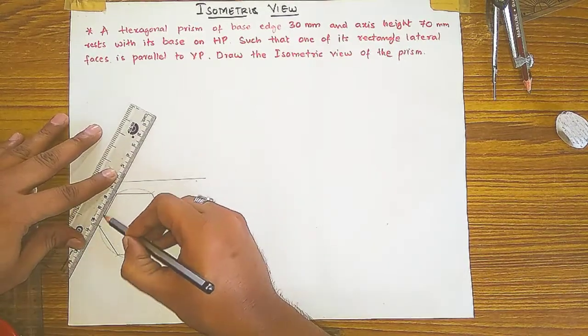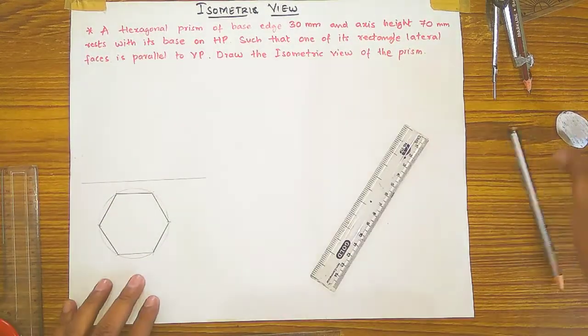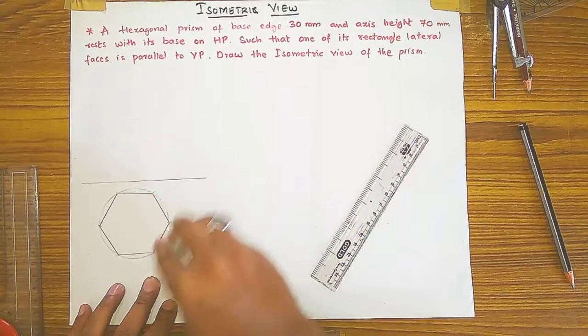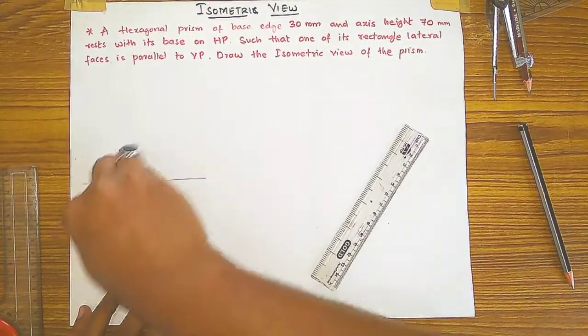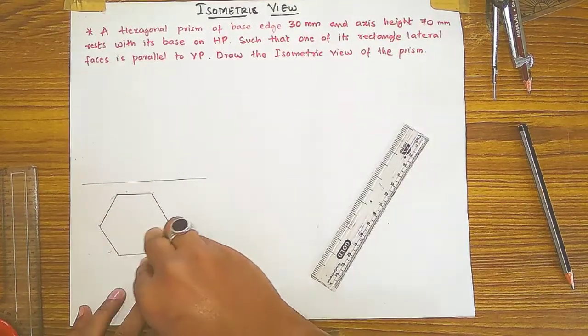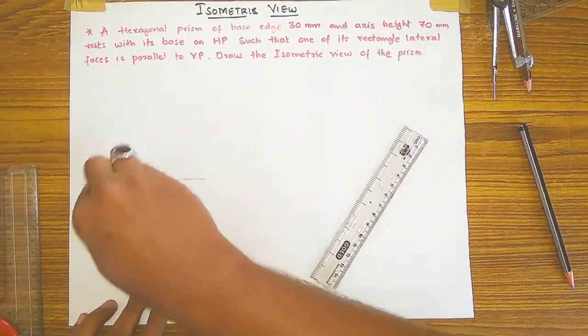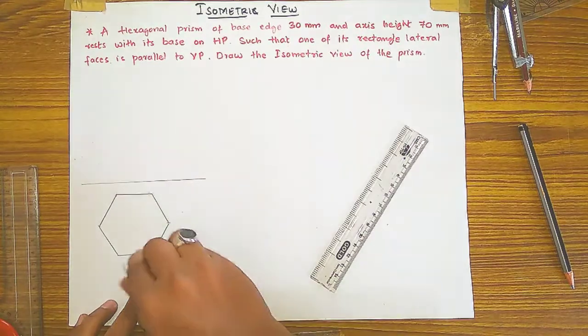Your hexagon of 30 mm has been created. Then you can rub out this circle and the arcs you have drawn, because we need only the hexagon. So the hexagon is created.